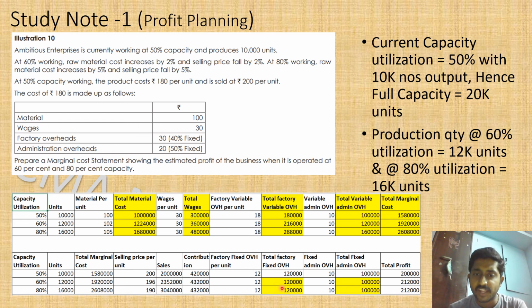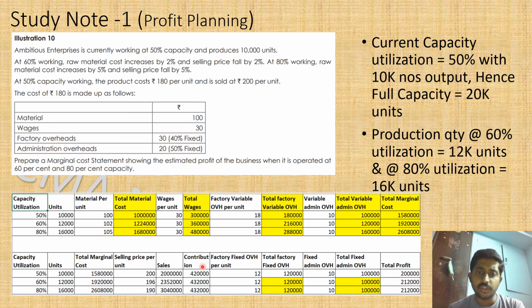The same is applicable for the administration overhead. 50% of 20 rupees is 10 rupees, and 10 rupees multiplied by 10,000 units is 1 lakh rupees. In all the cases it is not going to change because it is fixed and does not vary with the quantity. So 1 lakh is going to remain the same.